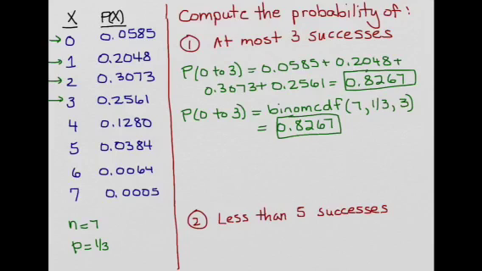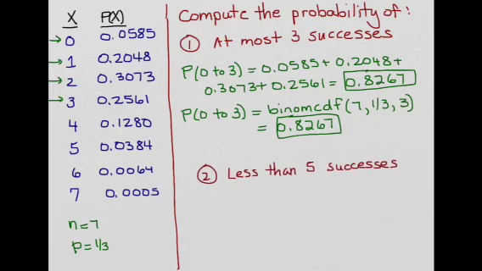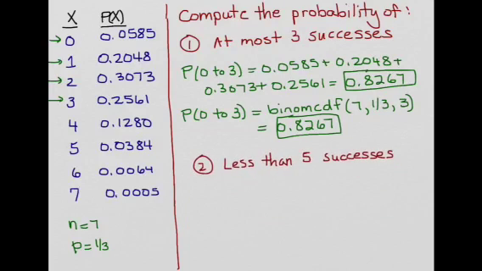So now let's take a look at the next problem. It's mainly the same, a little bit different. All right, so now we want the probability of less than 5 successes. So if it's less than 5 successes, then it's anywhere from 0 to 4 successes.